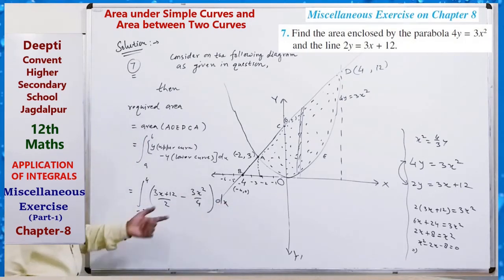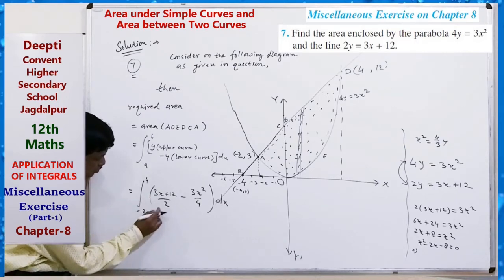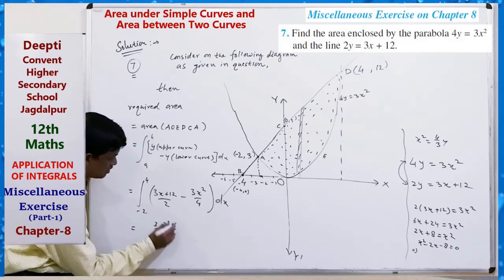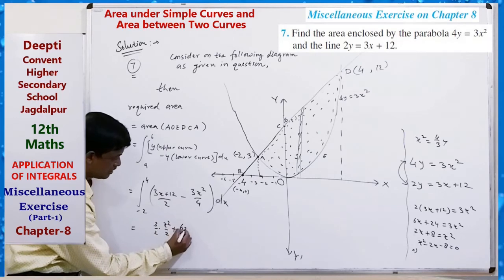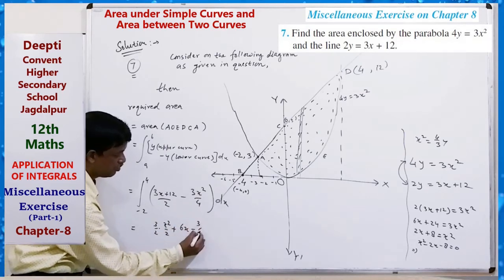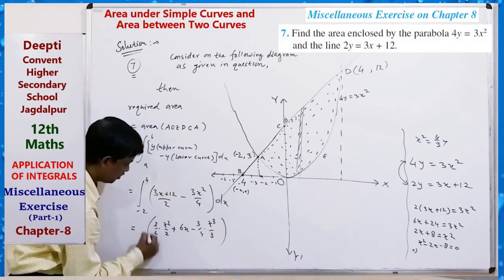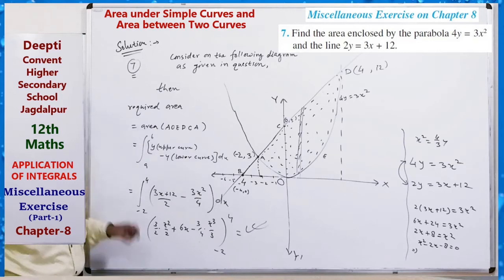Now we can solve it. Very simple. 3x by 2 gives 3 by 2 times x square by 2, plus 12 by 2 means 6x, minus 3 by 4 into x square gives x cube by 3. So apply the limit minus 2 to 4 and you can get the result.